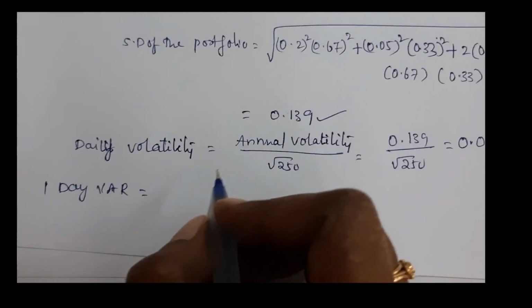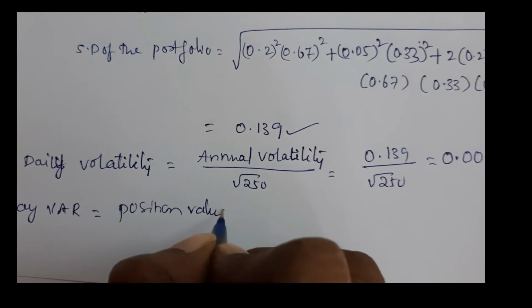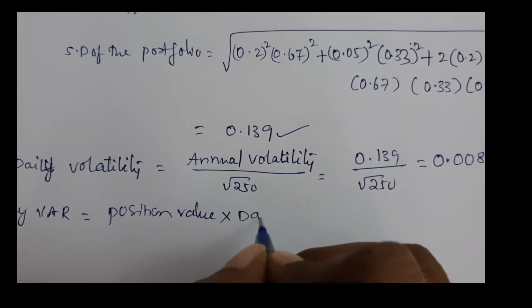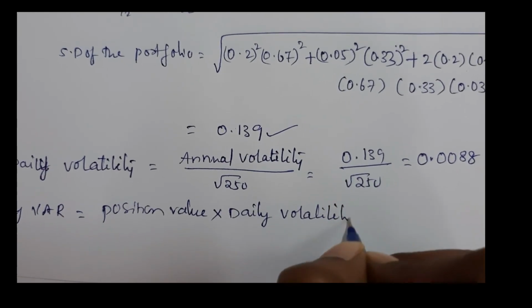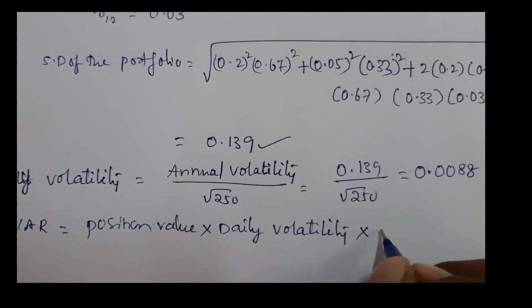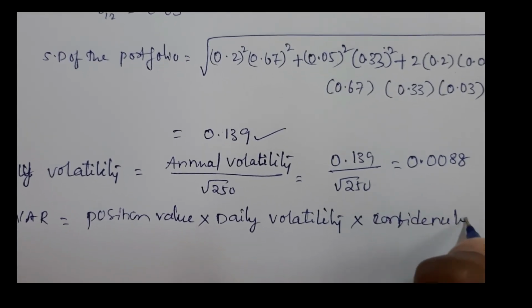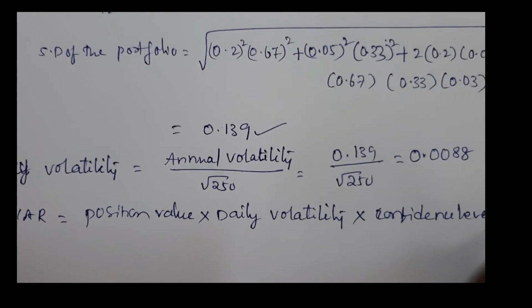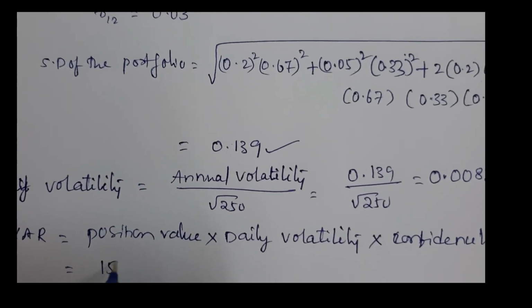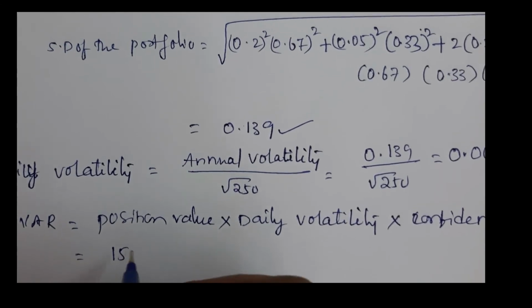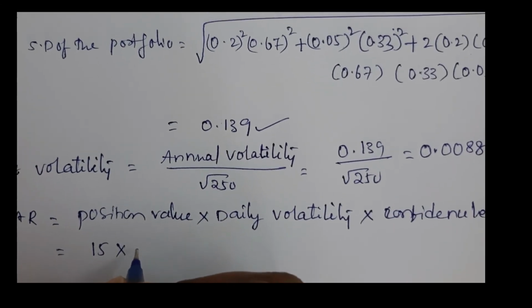Formula is position value into daily volatility into confidence level Z value. So position value means the amount of investment, that is 15 million into daily volatility.